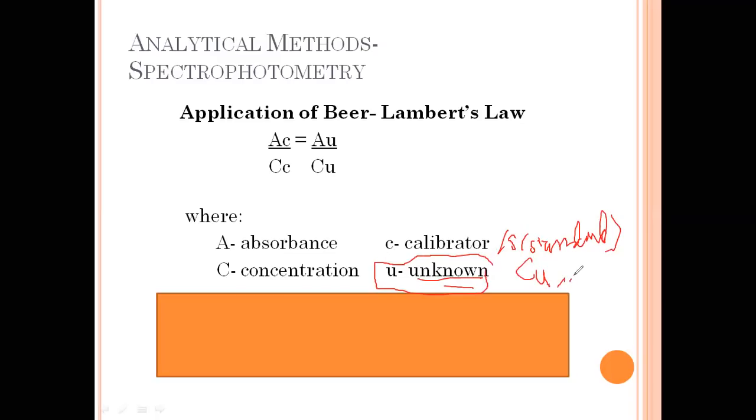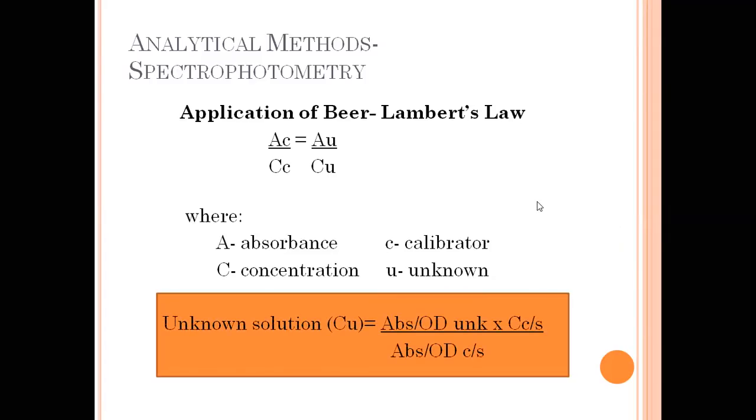Most of the time, what we look for is the concentration of the unknown. That's why, of all the formulas you should remember, when it comes to chemistry and we are dealing with analyte measurement, you have to take note of this formula: the concentration of the unknown is equal to the absorbance, or OD, of the unknown, over the OD of the standard or calibrator, times the concentration of the standard.